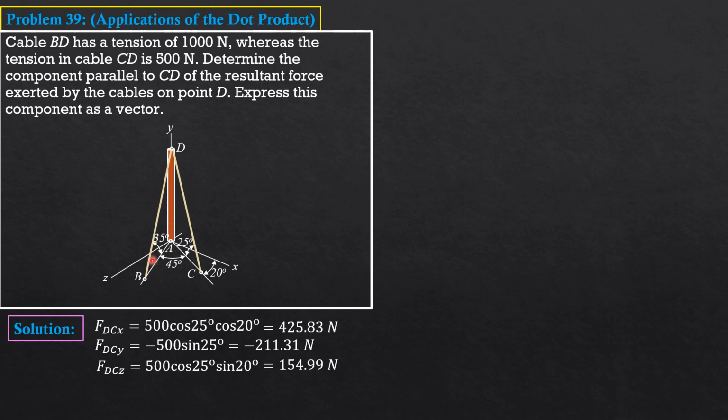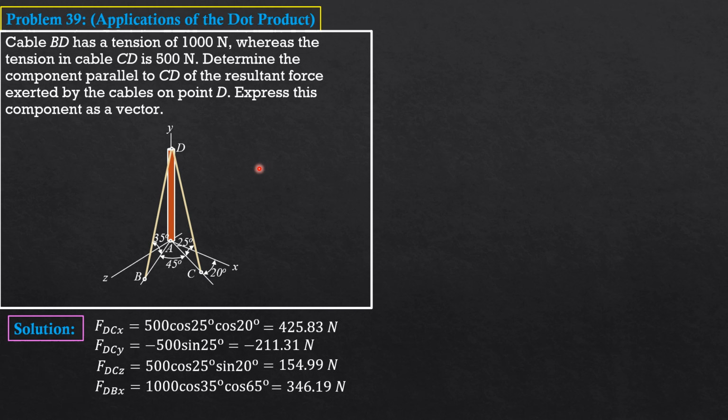Then for the other force, 1000 newtons on cable BD, 1000 times cosine 35 first to get the projection on the xz plane. Then for the x component, we multiply by cosine of 65, since 20 plus 45 is 65. So 1000 cosine 35 times cosine of 65 degrees is the x component of the 1000 newton force along DB, 346.19 newtons.